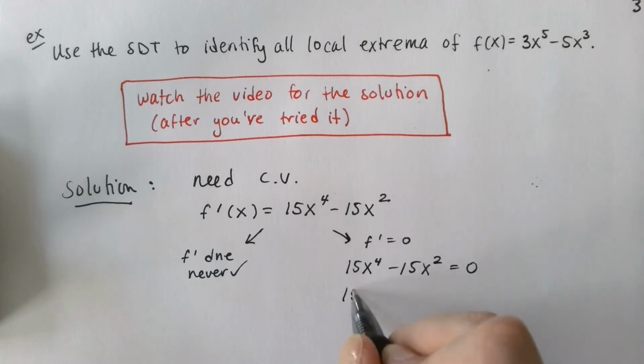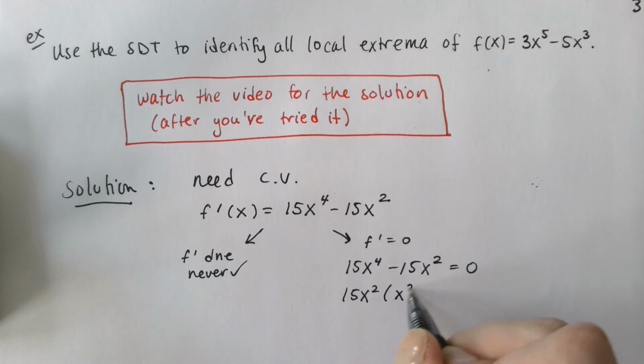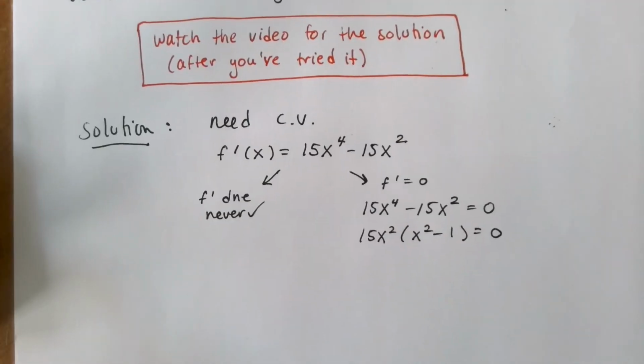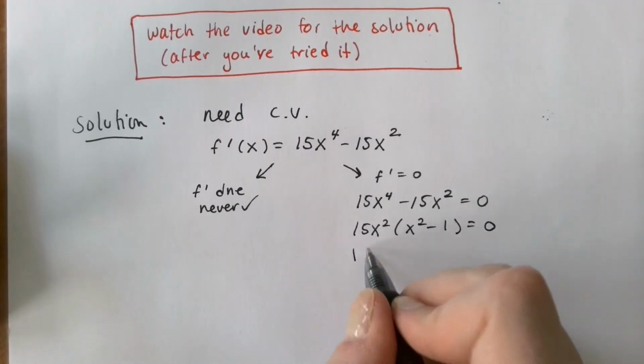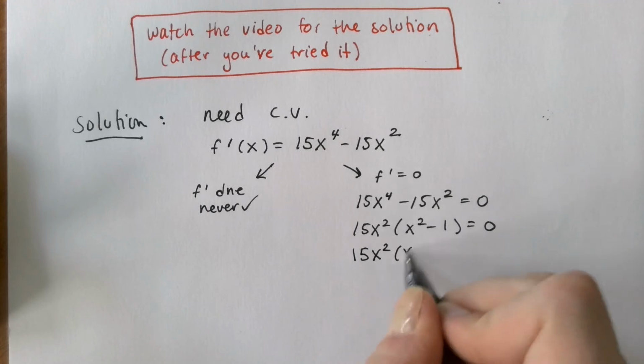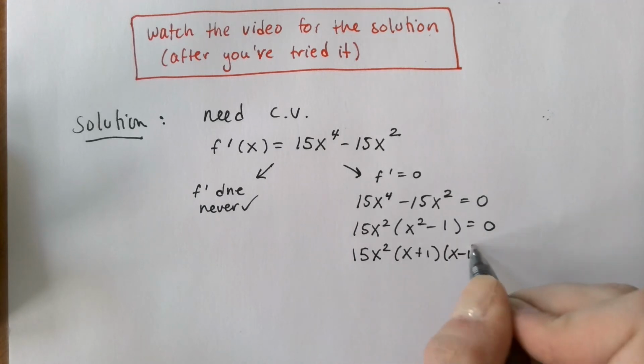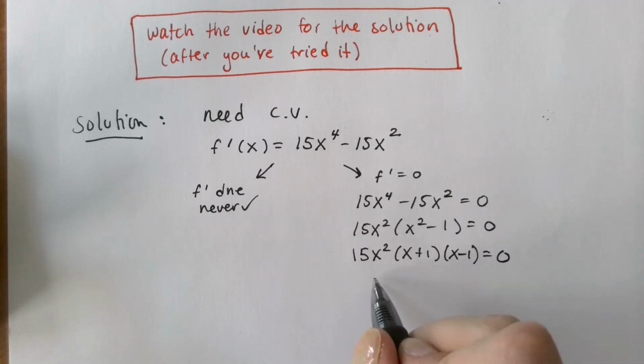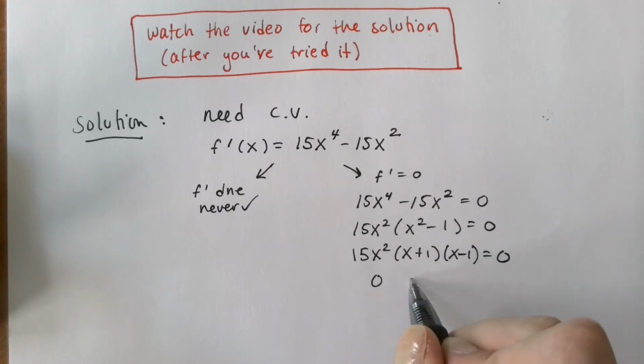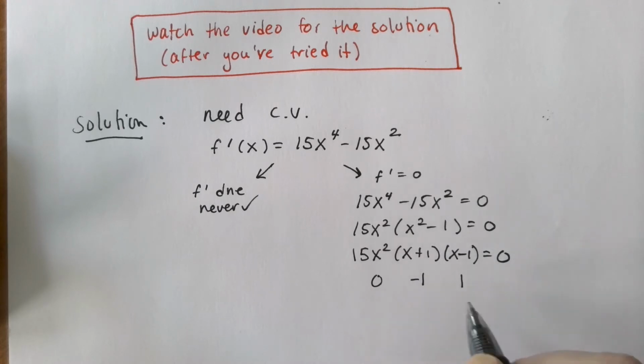I'm going to factor out a 15x squared, so I get x squared minus 1 left over. And then that x squared minus 1 factors into x plus 1, x minus 1. So I can see that my critical values are 0, -1, and +1.